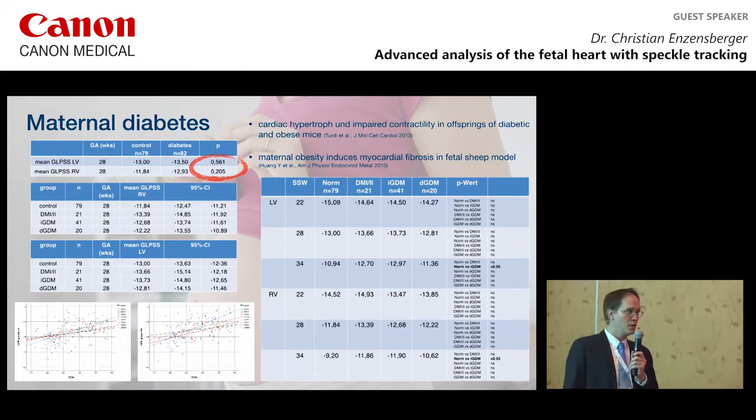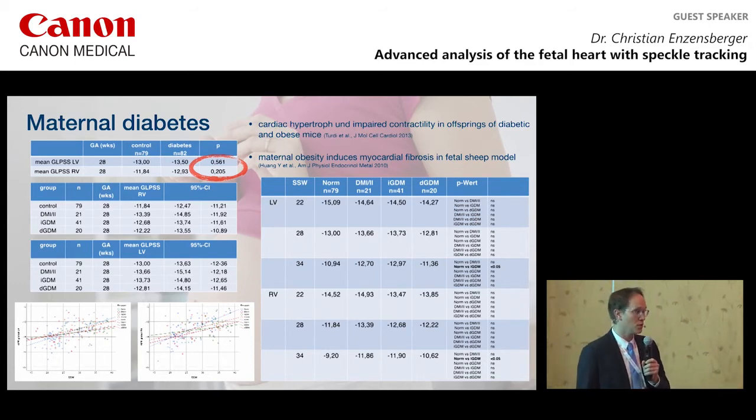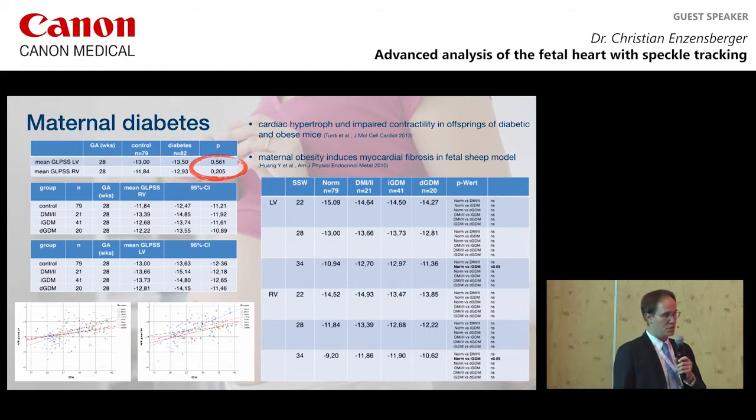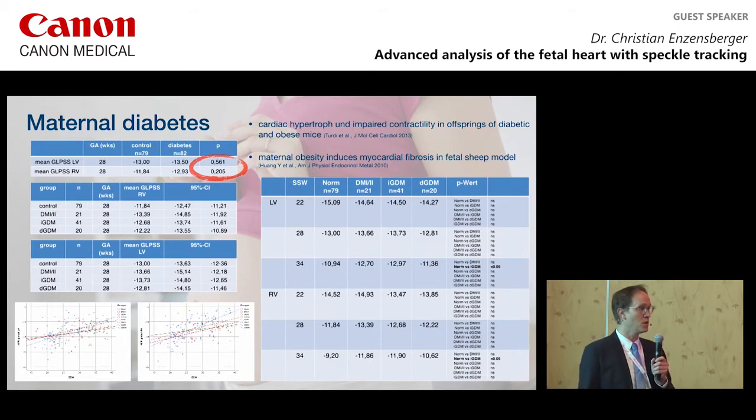So how can you interpret this information? These are obviously data from Germany. We changed our diabetes screening a few years ago. It's quite a strict one. The patients are screened between 24 and 28 weeks.